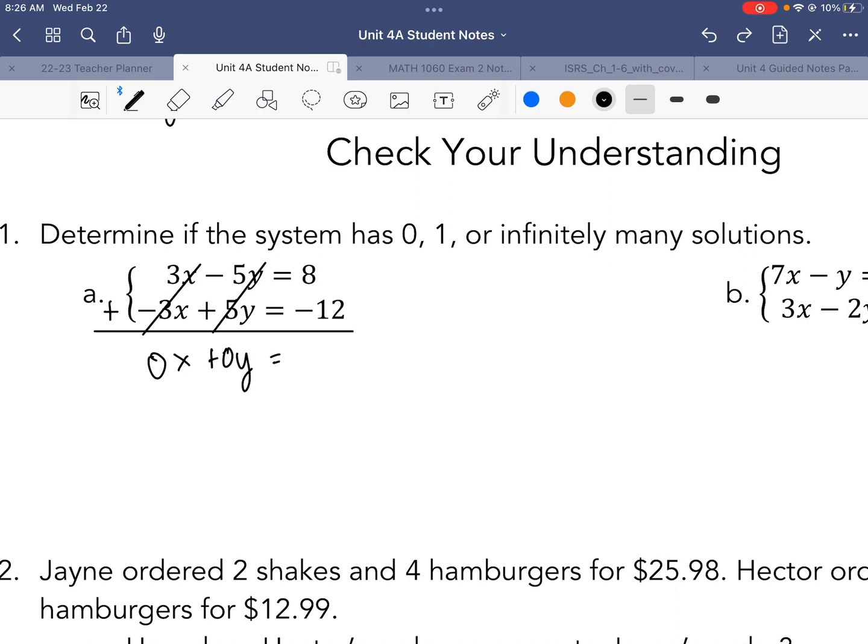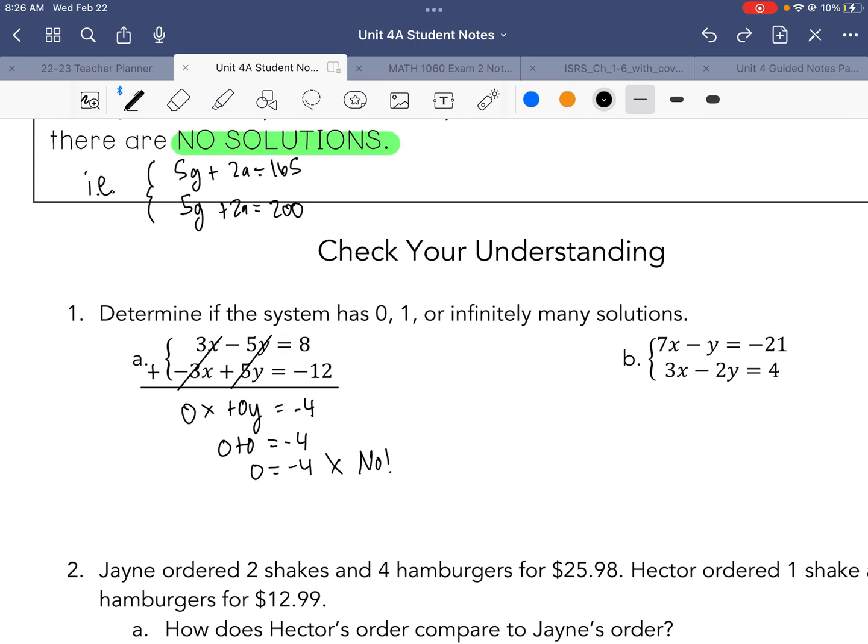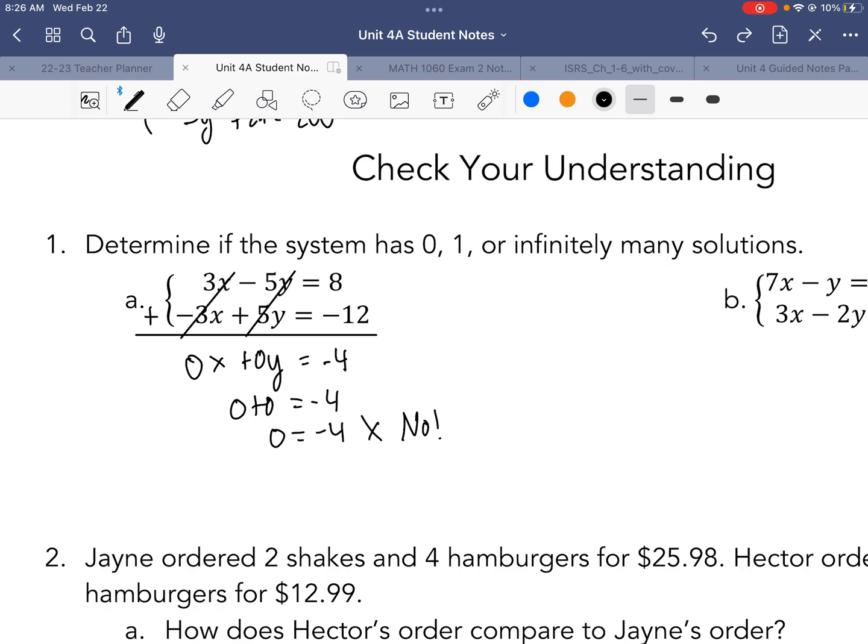And 8 plus a -12 would be -4. Well, this is 0 plus 0, which is 0. Now, does 0 equal -4? No. This is exactly what we mean by a contradiction. 0 does not equal -4. That is not true. It's a contradiction, so the answer to this one is no solutions.